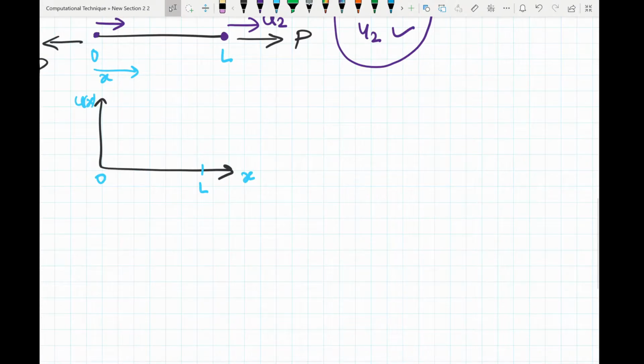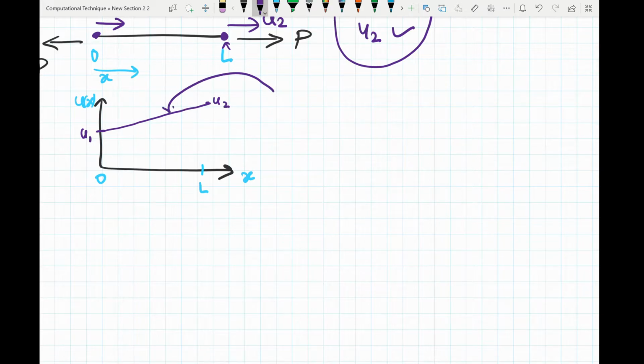Now let's say your solution at x equals 0, which is this point here, is u1, and at x equals L, which is this point here, is u2. We can assume a shape function like this, which is linear.